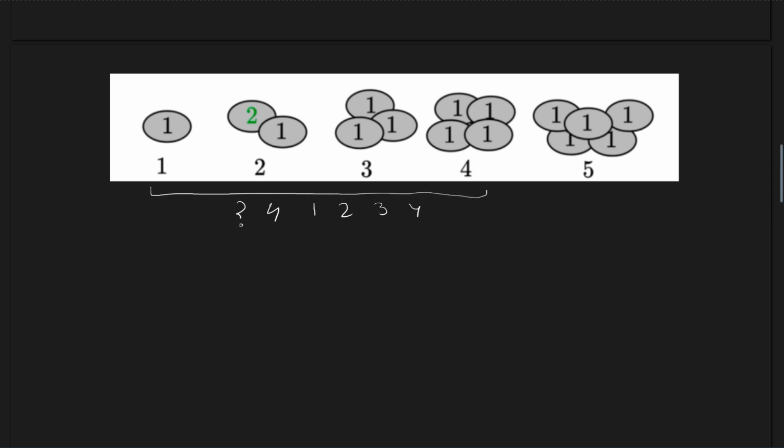So the judge will return 11. If you see, the first pile has weight 1, the second pile has total weight 3 because there is one stone with special weight 2, the third pile has total weight 3, and the fourth pile has total weight 4. So the total sum would be 11. You can ask queries of this type, right?